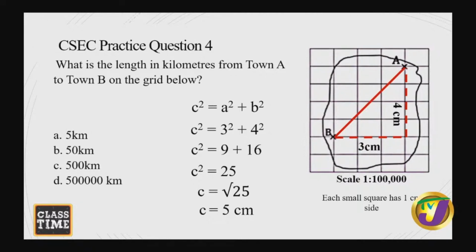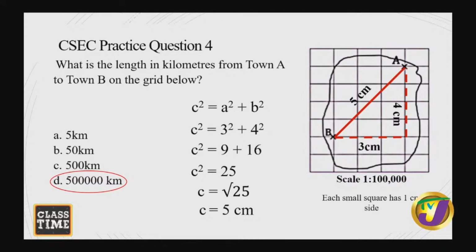How do we use this information? We need to convert this to kilometers. The scale is 1 to 100,000. So when we multiply 5 by 100,000, our answer would give us 500,000 kilometers. And that would have been our answer.